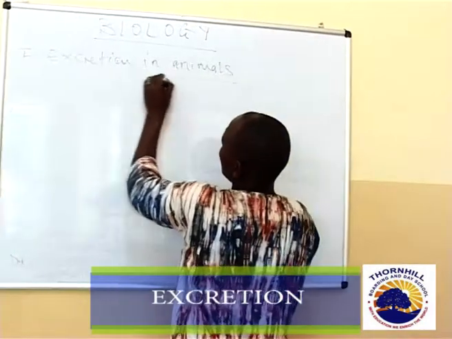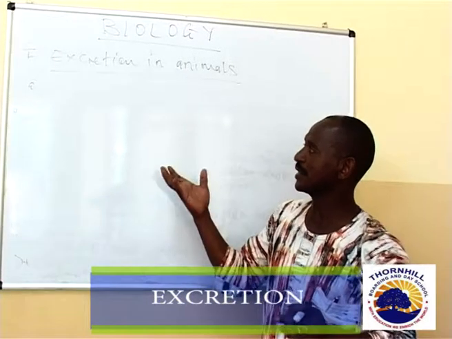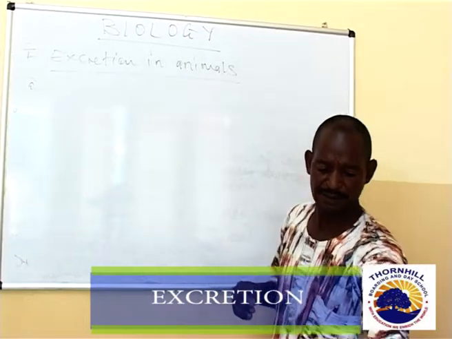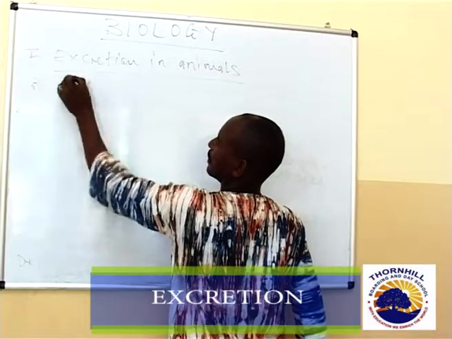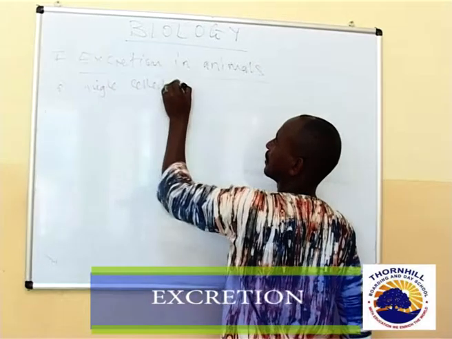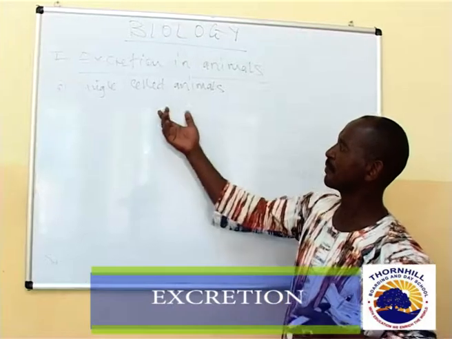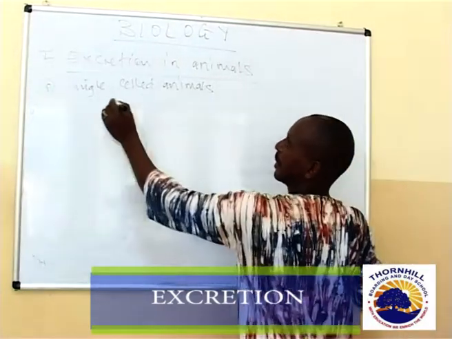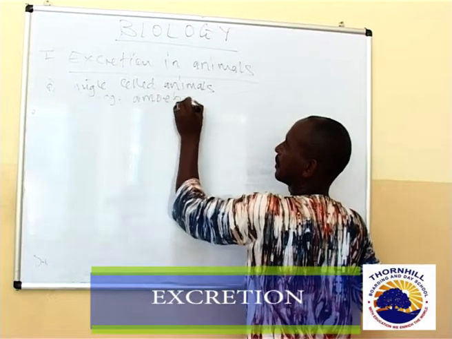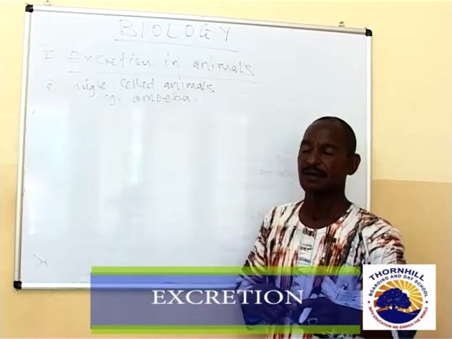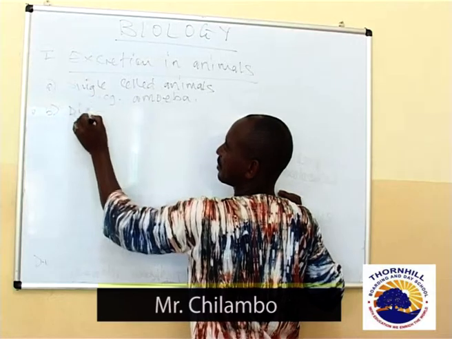We have types of animals. We have what are known as single-celled animals. An example of a single-celled animal is called an amoeba. Then we have the second class of animals, known as dicellular animals.